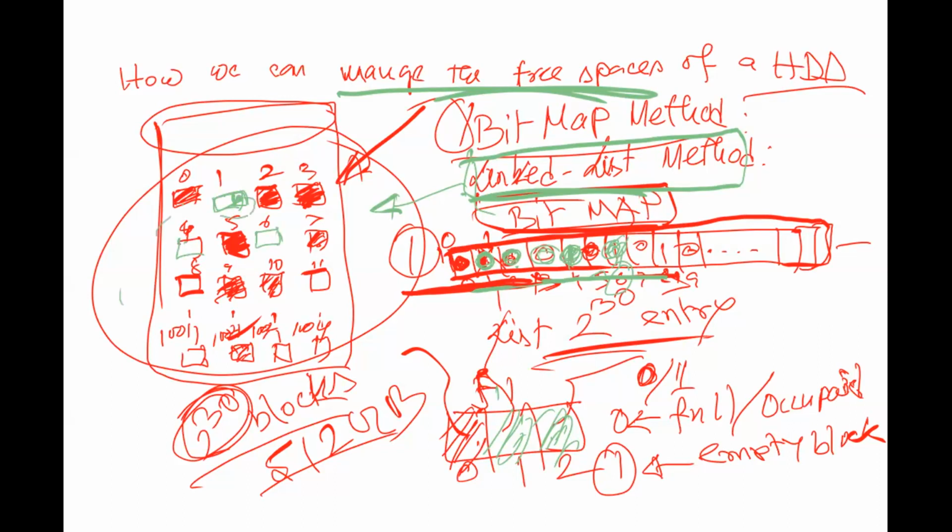The next empty block is 4, so it will point to that empty block, and then the next empty block. Here there is also an address, which is nothing but where the next empty block is. So this address actually points to this block, this is the next empty block.